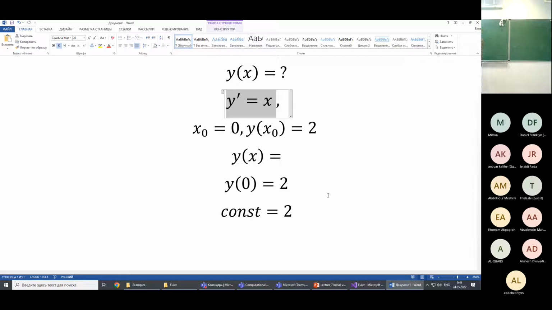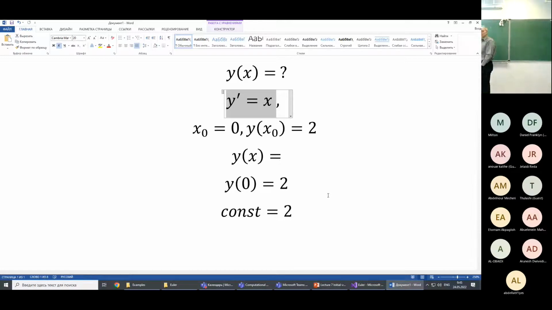I just repeat what's written here. Y prime of x, y depends on x, equals x. So what is y of x? What function?